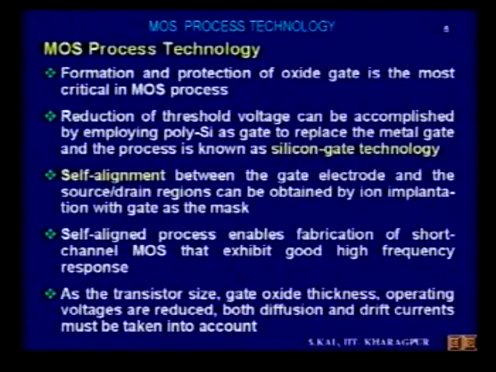Now, as the transistor size goes down, gate oxide thickness also goes down and operating voltages are also reduced, so both diffusion and drift currents must be taken into account.